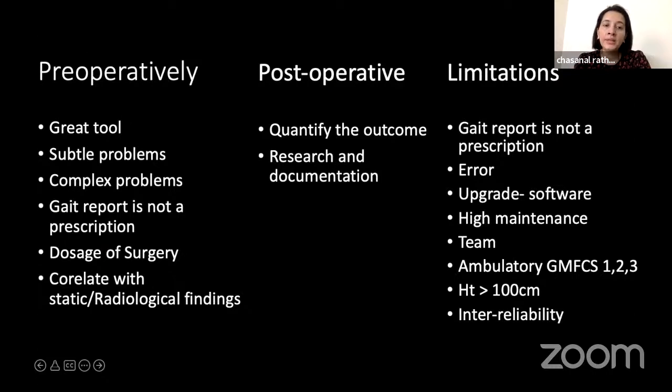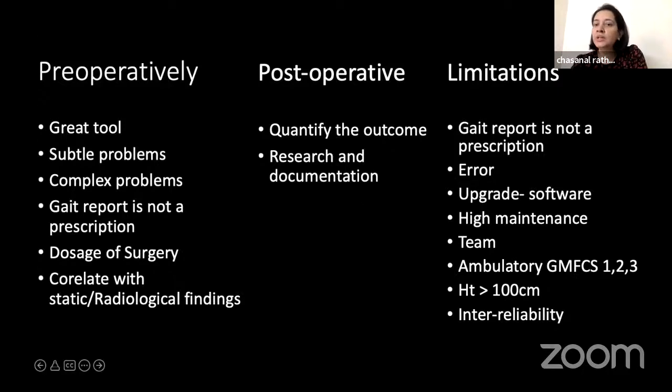So just to summarize, preoperatively, it's a great tool. It helps us pick subtle problems as well as complex problems. Although it's not a prescription, we will reach a dosage of surgery. And then if we correlate it and put it in our diagnostic matrix, we can do a very good job, and we can quantify that job and use it for research purposes.